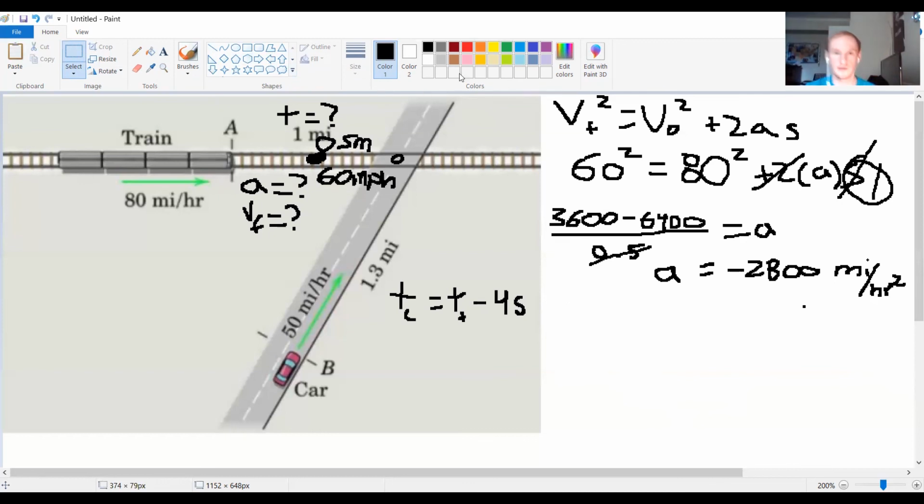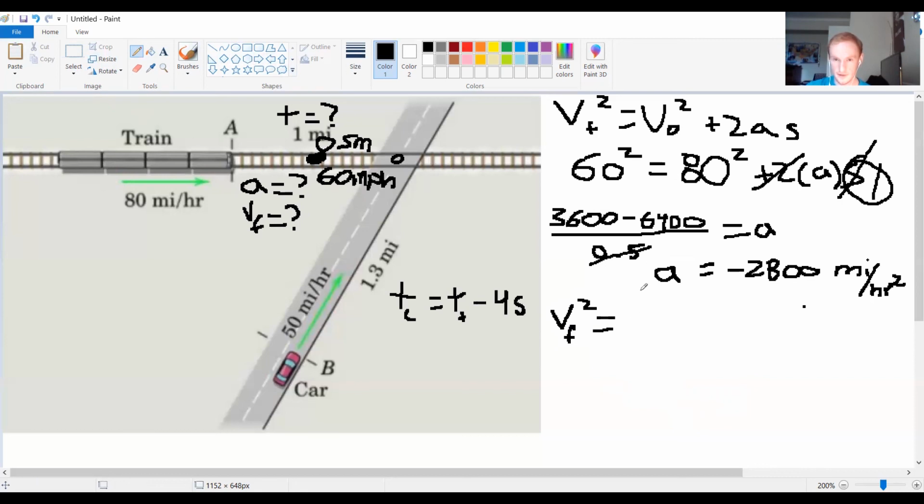Okay, so now we can use that acceleration to find the ending velocity here at 1 mile. So we are going to go with the same kinematic equation, but leaving this final velocity unknown.